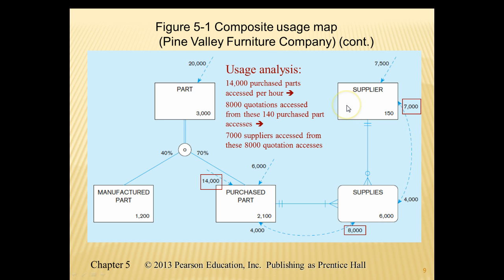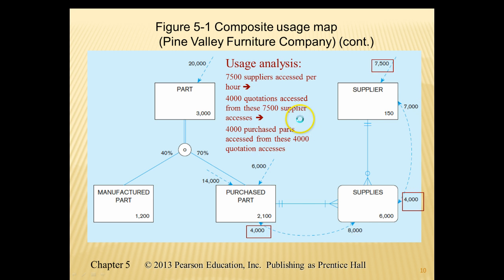It's 14,000 purchased parts accesses per hour, 8,000 quotations accesses from 140 purchased part accesses, and then if you look at this, there are 7,500 accesses coming into supplier in this direction, and of those 4,000 transactions are accessing the supplies entity, and then of those 4,000 transactions are accessing the purchased part entity. So you'll see that that number is the same.